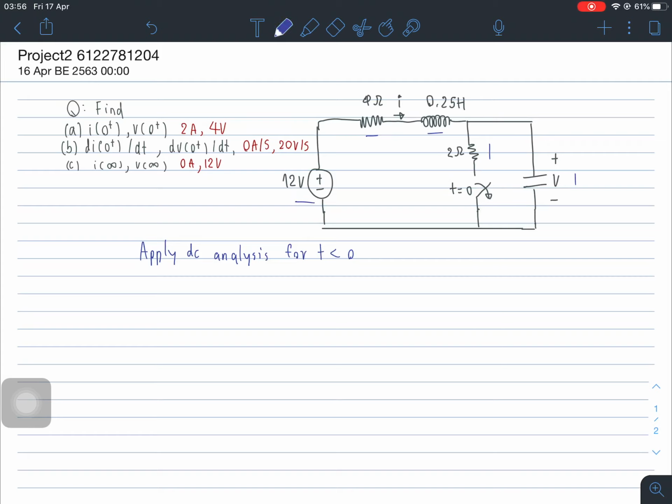So it should be drawn like this. Oh, sorry. That's 4 ohm. That's 2 ohm.